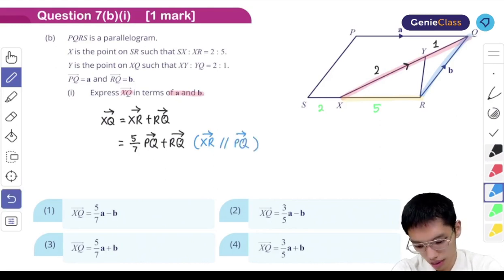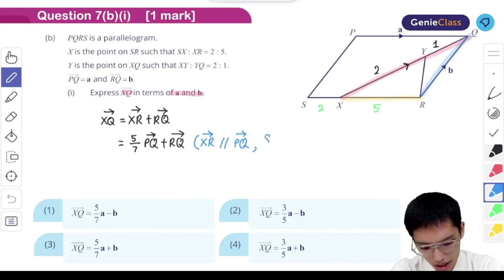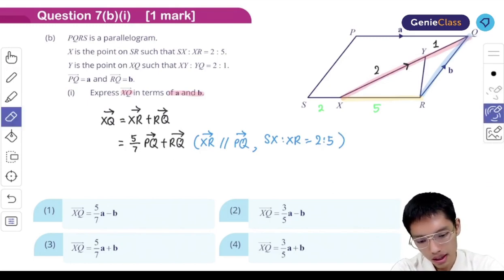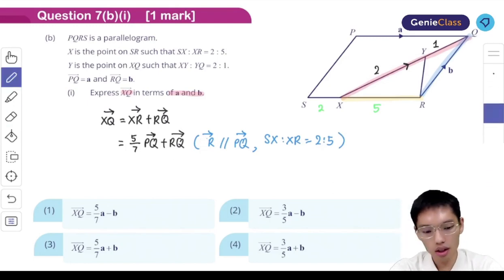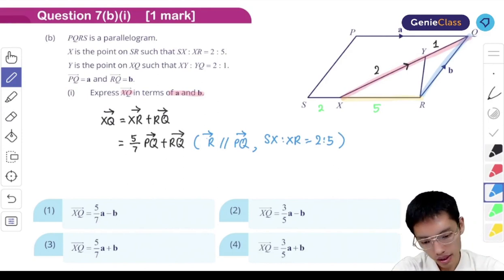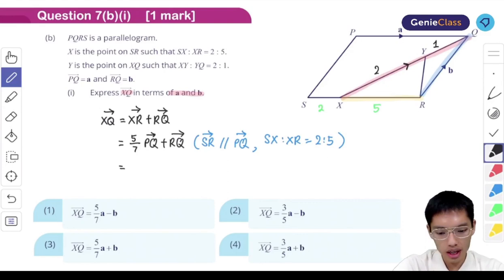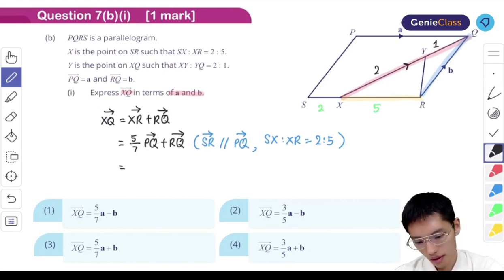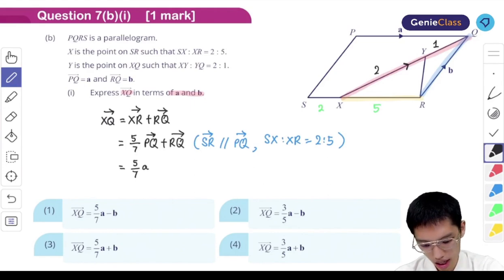And of course, we have the ratio SX to XR is 2 is to 5. To be clear, I should not write XR, I should write SR, because it's that whole vector I'm looking for. So be clear in your explanations. Once you have this, we know PQ is exactly SR. So 5 over 7 PQ in this case is just A, RQ is just B.